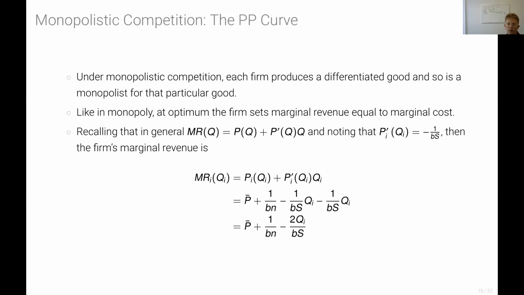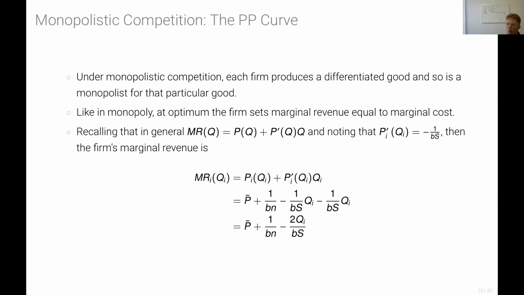Under monopolistic competition, each firm is going to produce a differentiated good, so it's going to act as a monopolist for that particular good. And as we just did in monopoly, the firm is going to set marginal revenue equal to marginal cost.